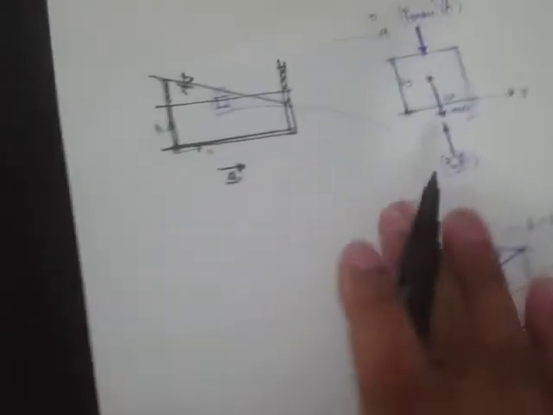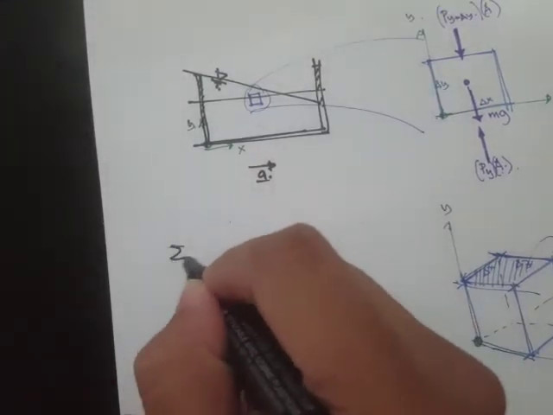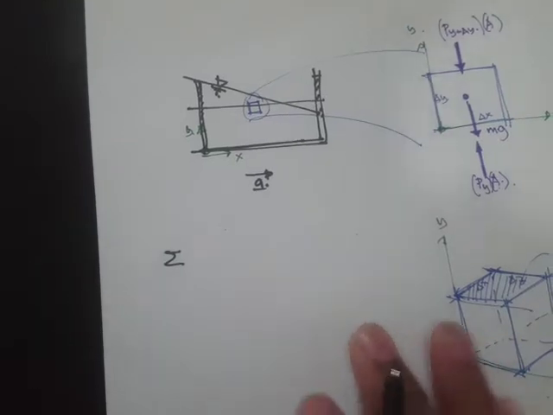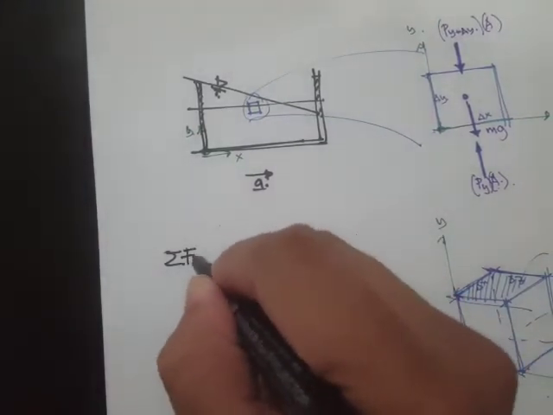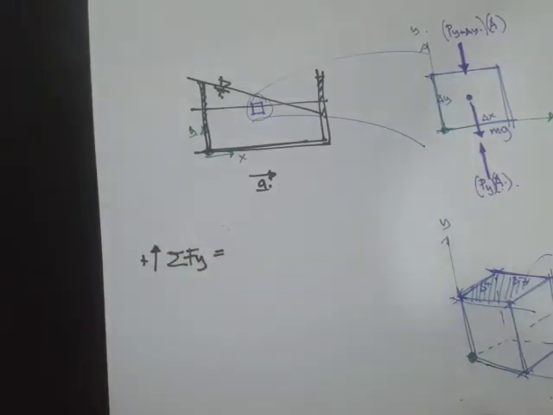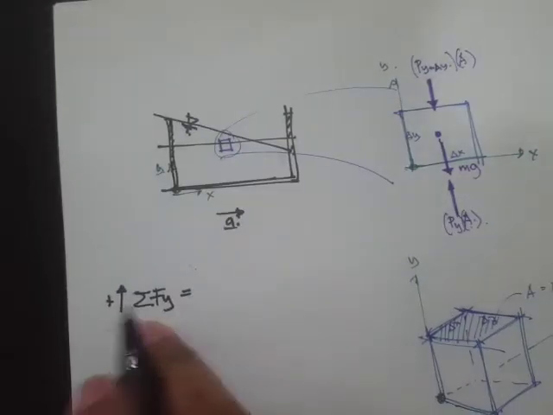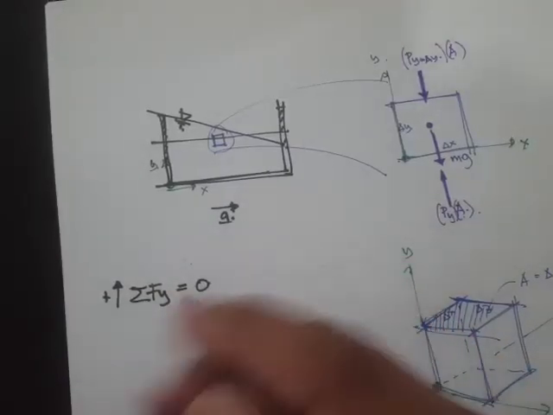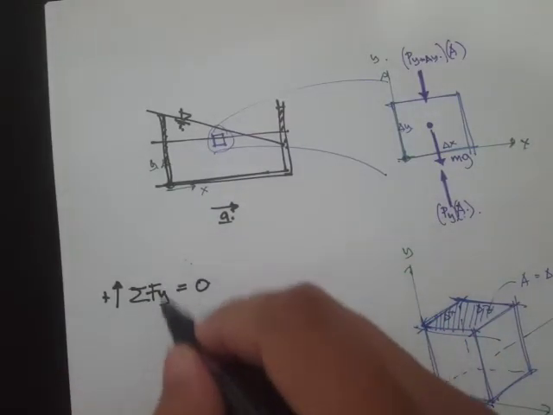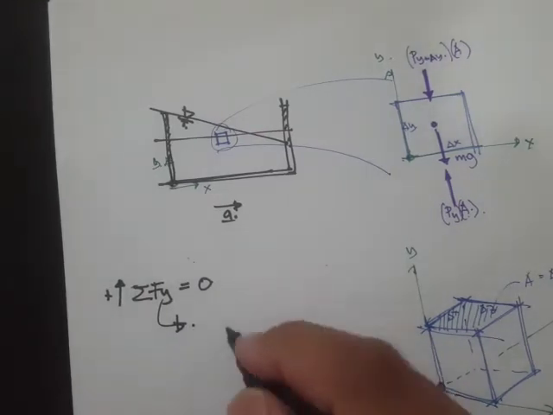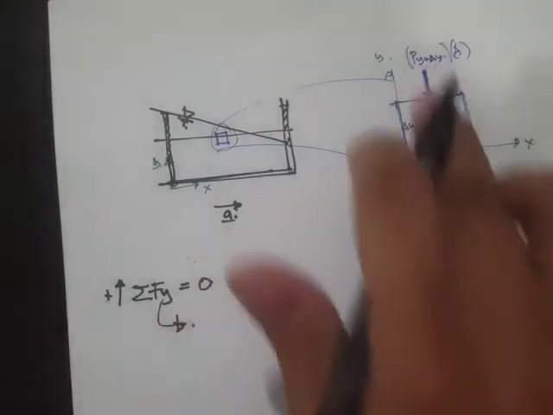Let's sum the forces along the y direction. Summation of forces y, let's say this is positive, and along the y direction there's no acceleration, so the summation of forces y is equal to 0. We have derived this in our previous equations.